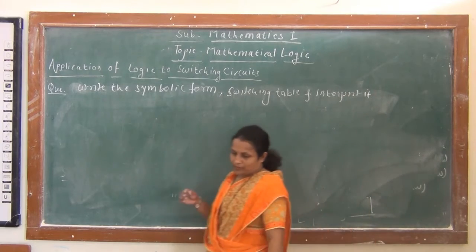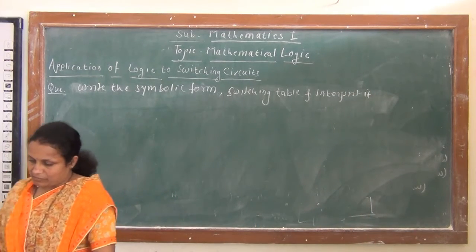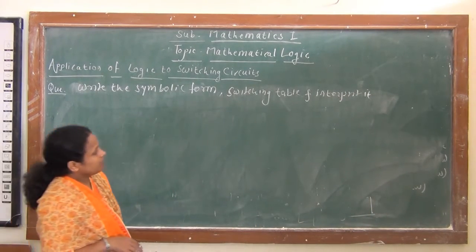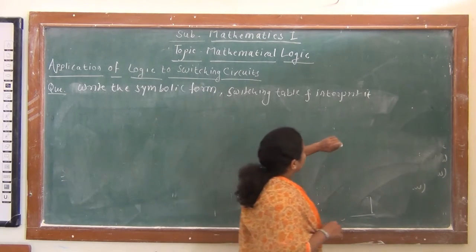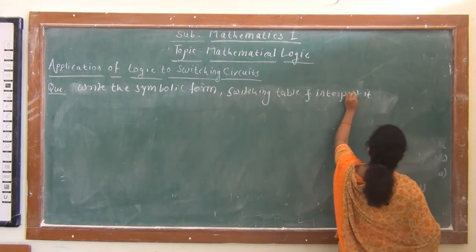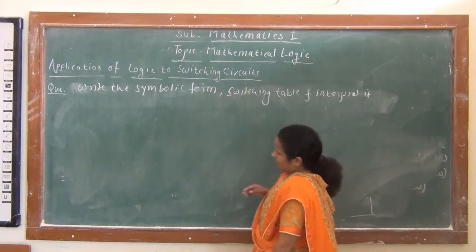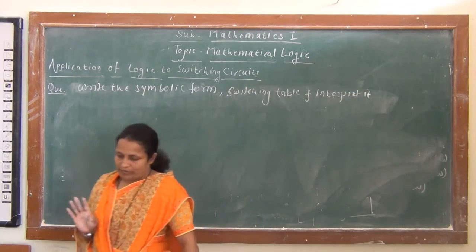That is, first we have to find its symbolic form, then we have to write its truth table, that is the switching table, and then we have to interpret the result from the truth table. This example also carries 4 marks.